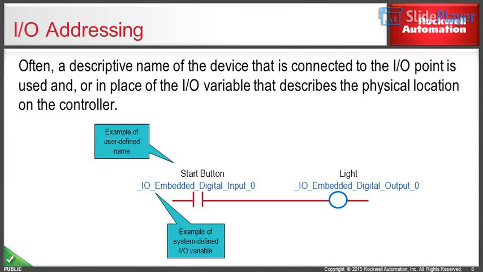Example of user-defined name: Start_button, Light. Example of system-defined I/O variable: _IO_EM_DI_00, _IO_EM_DO_00.